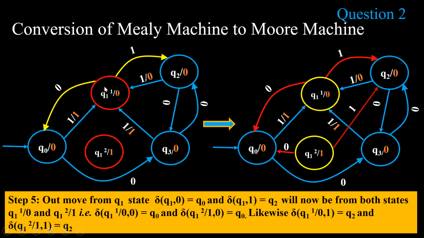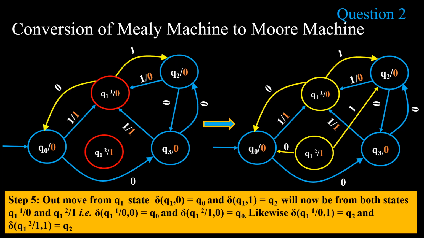Likewise, there was only one move in Q1 corresponding to 1. Now there will be 2 moves, out moves from both these states, Q11 and Q12. So the first step is split. The second step is to make the out moves from both the states. Just see this. This is what we have done. We have ultimately generated 4 out moves instead of 2.